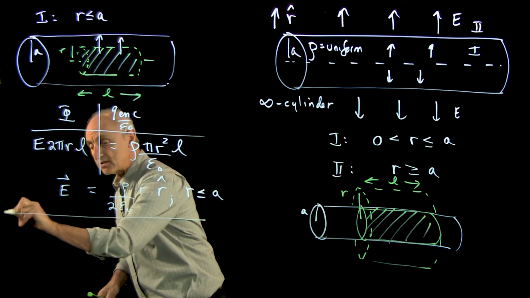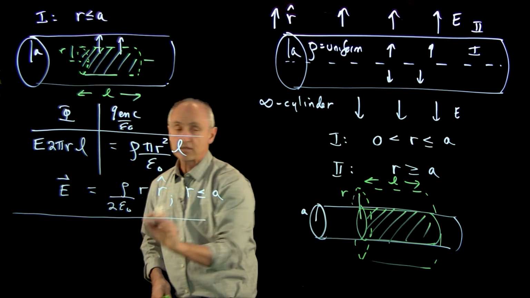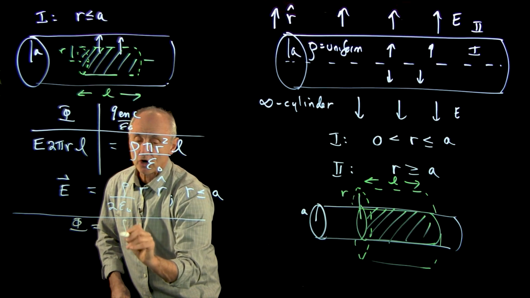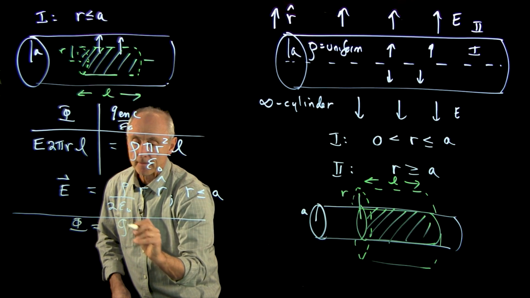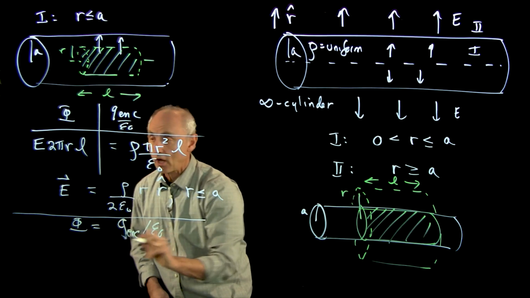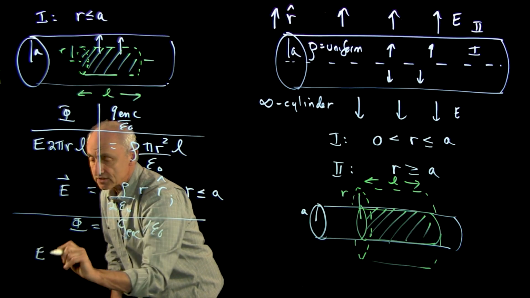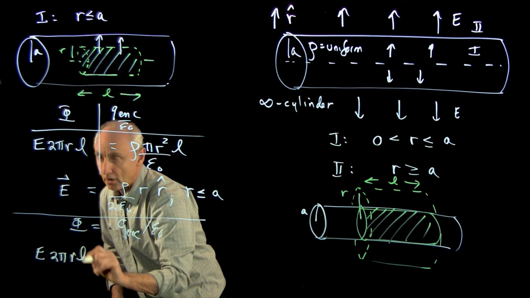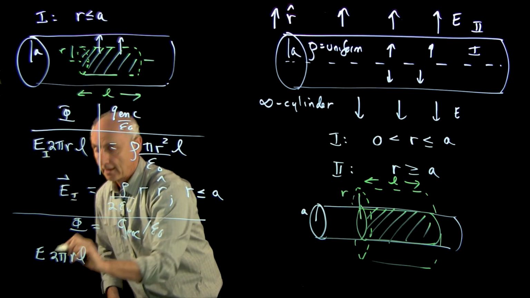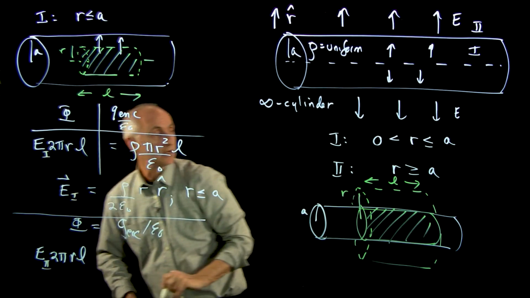And so in this case, when we set the flux equal to the charge enclosed divided by epsilon naught, our flux will be exactly the same, E times 2 pi r L. I could have said this is region 1, and this is region 2.